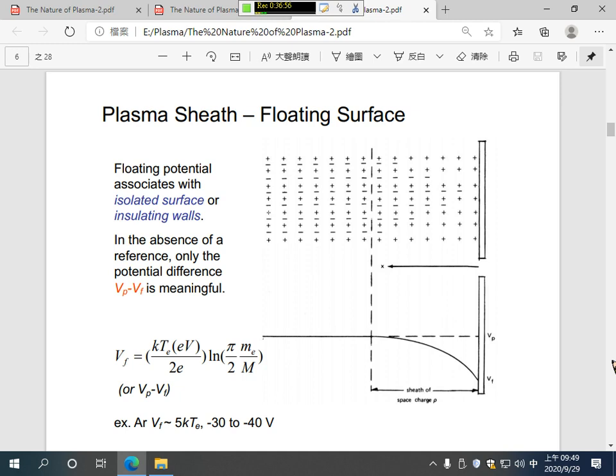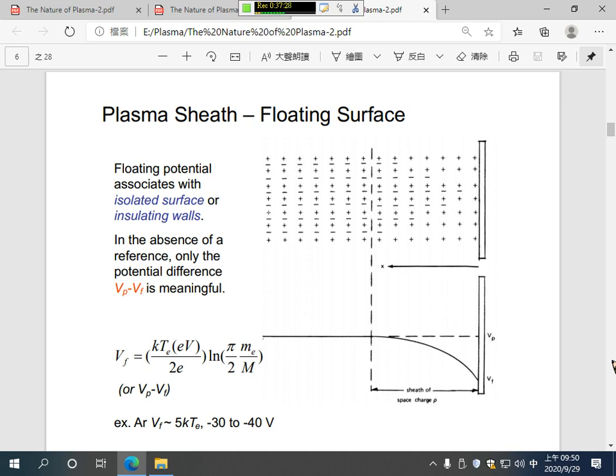Again, if we look at the potential of the system, the surface of the plastic has negative charge compared to the plasma. So the potential distribution of the system will change this way.